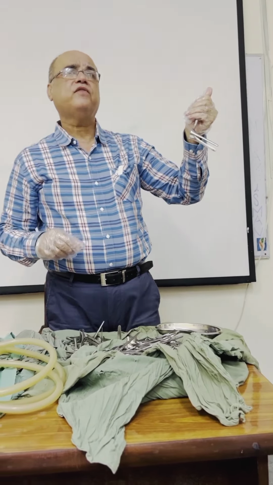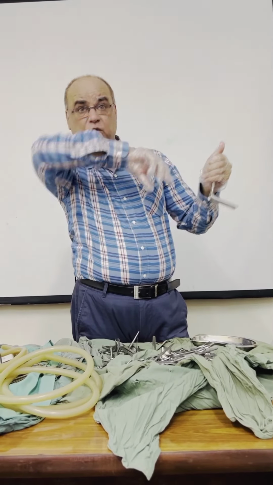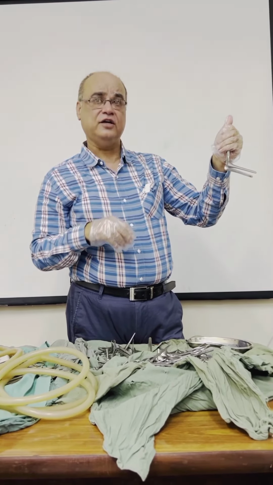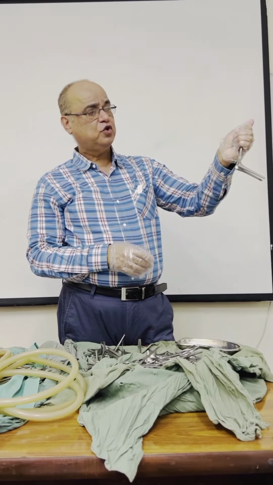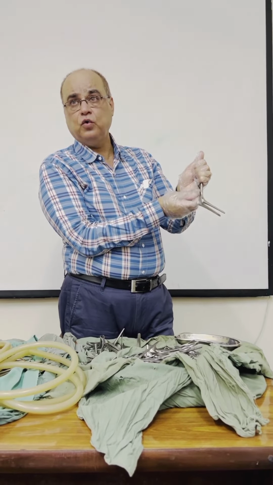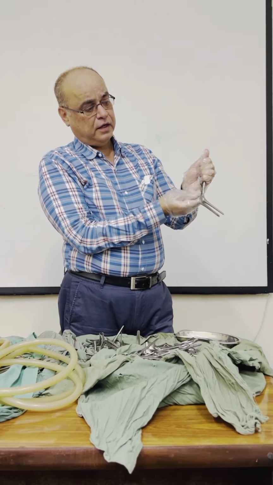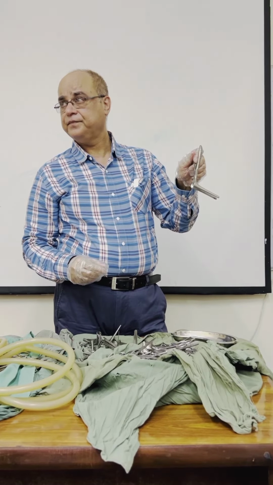Once it is open, if the surgery is going on for say 1 or 2 hours, you cannot hold it like this continuously. At the end of the surgery, your hand will be tired. So what happens? You open it as much as you want, then you just close this screw, and it will remain there. Now you can even leave it.